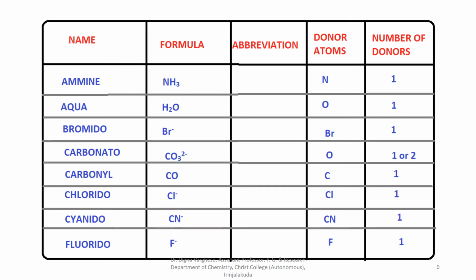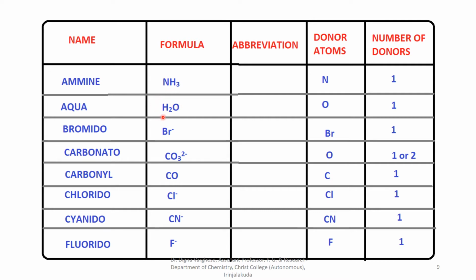Examples for monodentate ligands: you can see the amine ligand, whose formula is ammonia, NH3, and the donor site in this particular molecule is nitrogen, and the number of donors is only one, so it is a monodentate ligand.